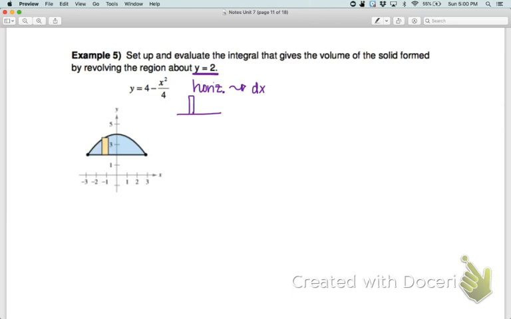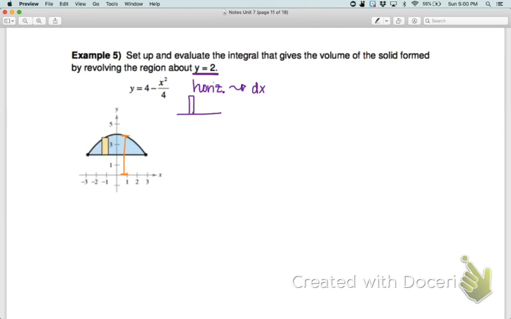Now, because we're revolving around this line here, not the x-axis, that means our radius is just going to be this. The problem is this function y equals 4 minus x squared over 4 is always going to give me the height from the x-axis all the way to the top.